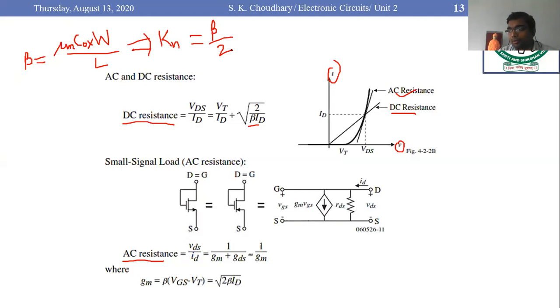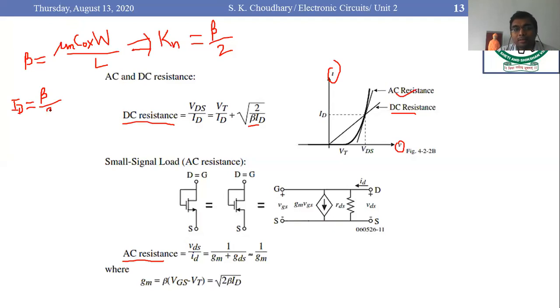Now, what is the formula for ID? The ID is equal to capital Kn (VGS minus VT) whole square. Now we have correlated this.